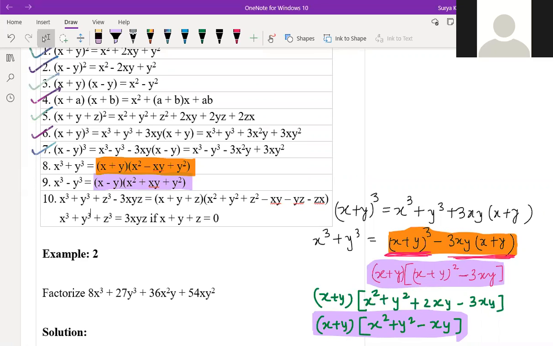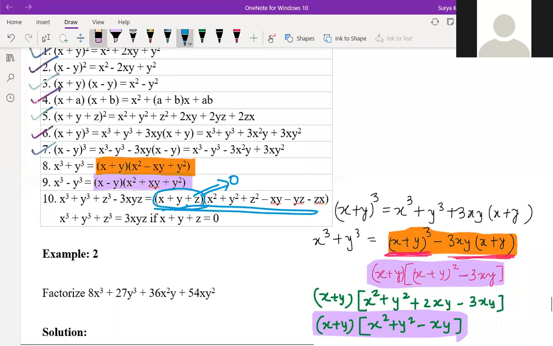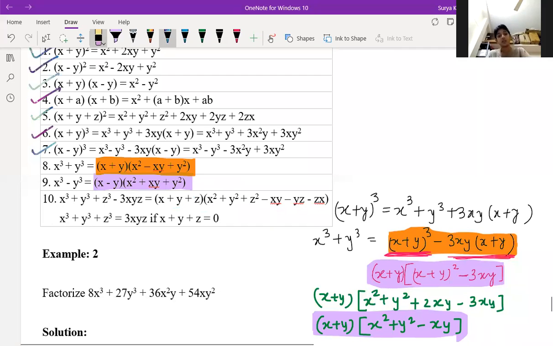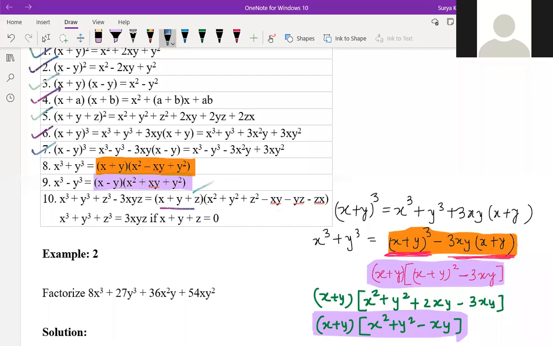And children, if x cube plus y cube plus z cube is equal to 3xyz, if this is equal to 0, then this whole part becomes 0. Understood what I'm saying? x plus y plus z is in multiplication. So if this part is 0, the whole complete part is 0.